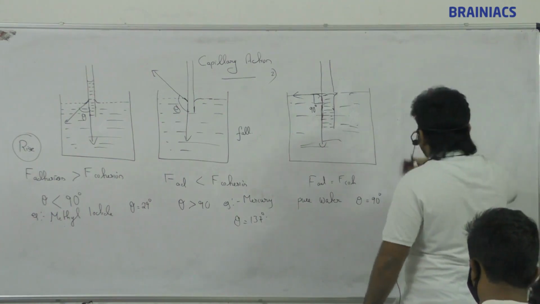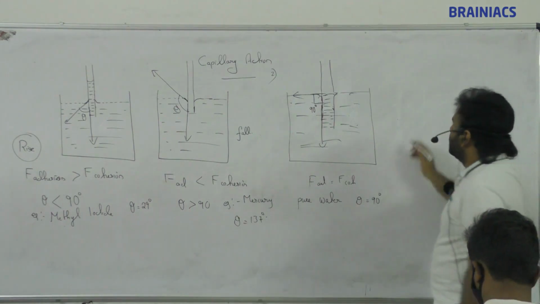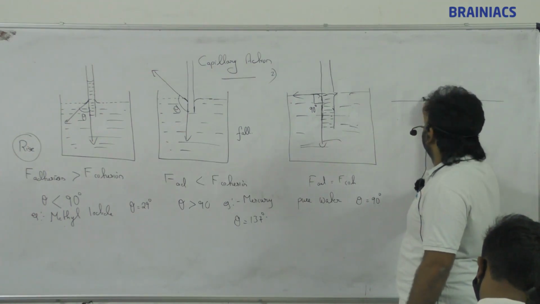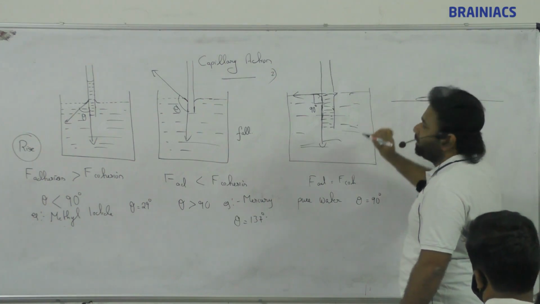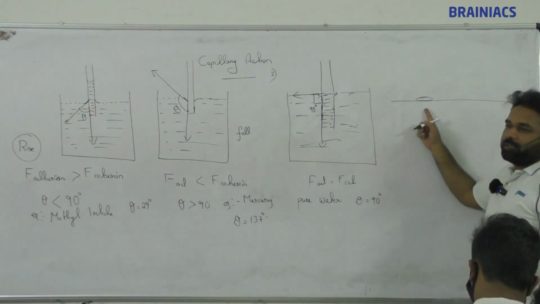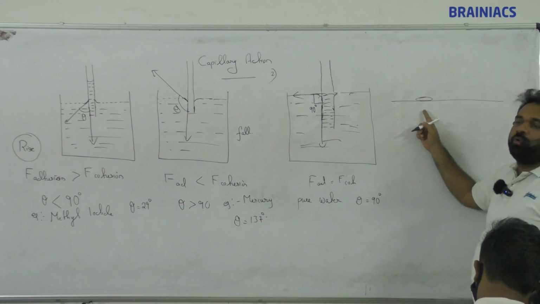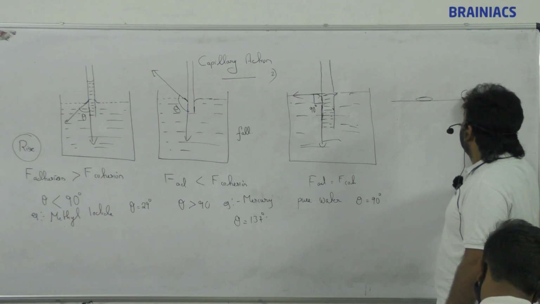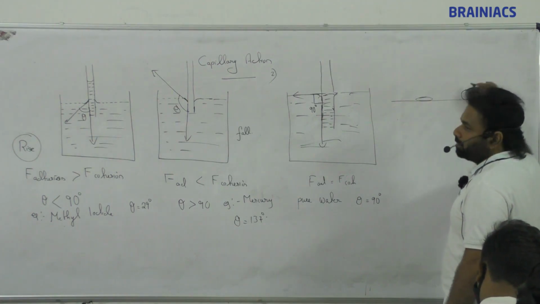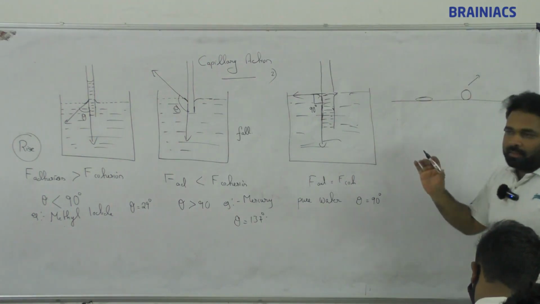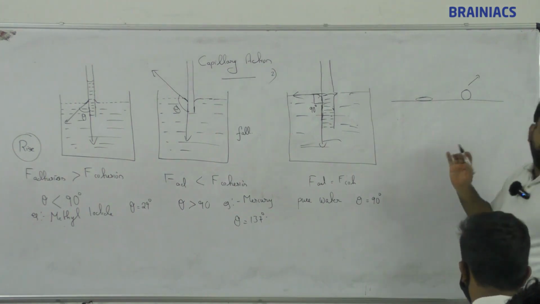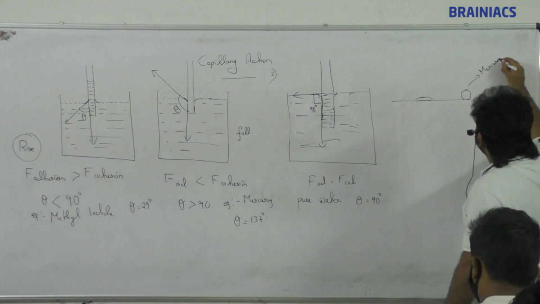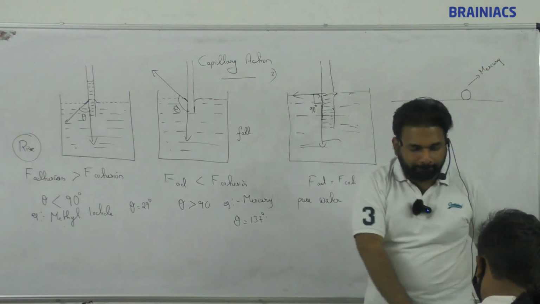If we keep some other fluid, the spherical shape will not be that beautiful. But if we keep mercury, it makes a very beautiful sphere, because the force of cohesion is that strong. Clear?